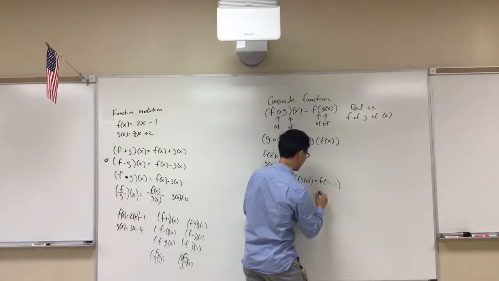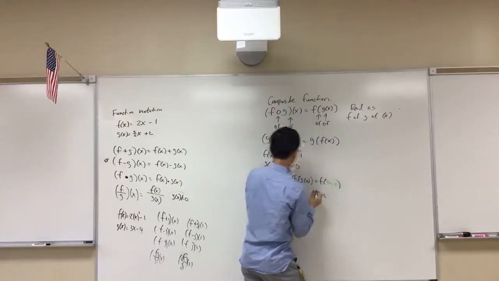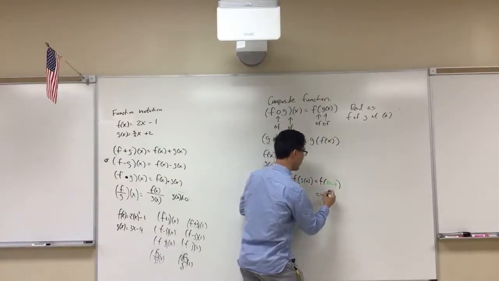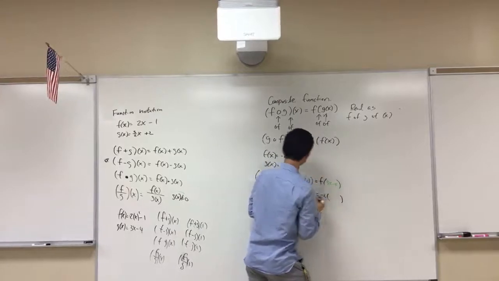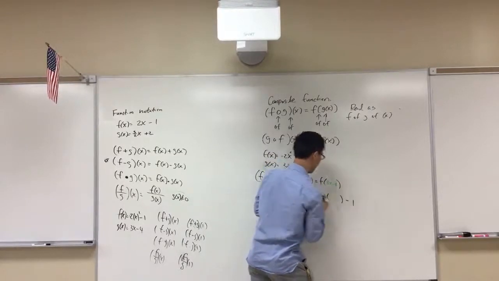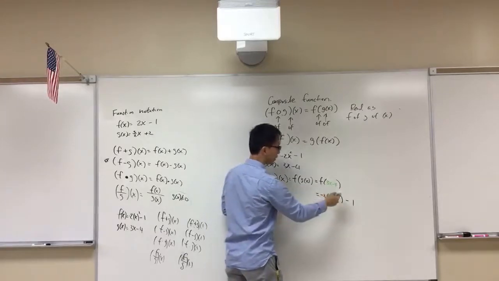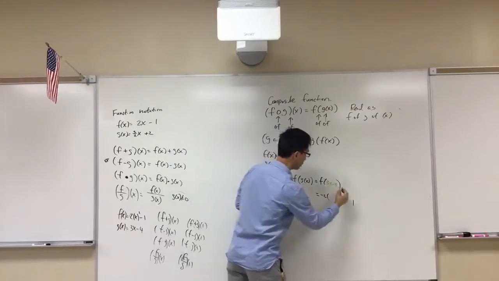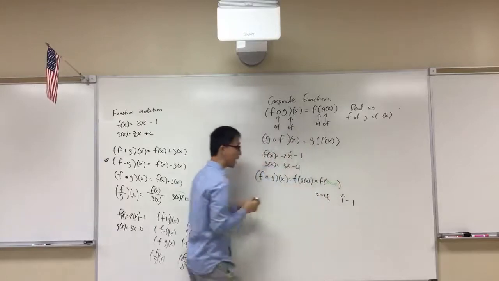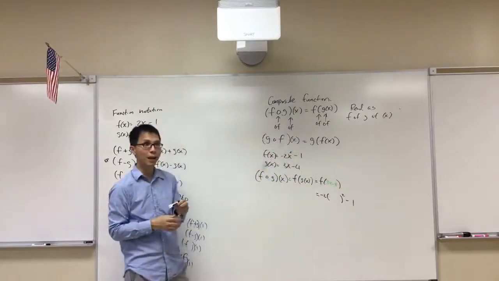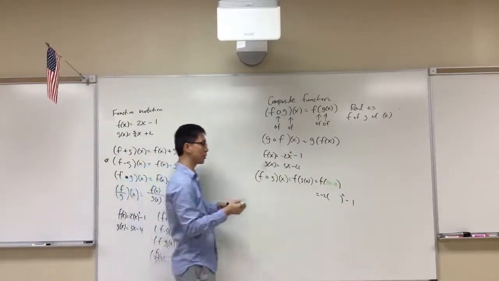So that's equal to negative 2. Instead of writing x here, I'm going to write something squared. We don't know what is squared yet, but every time we have x, we're going to replace it. Not only that, you're going to put a parenthesis around it so you don't make a mistake.